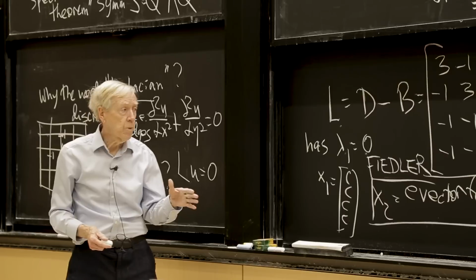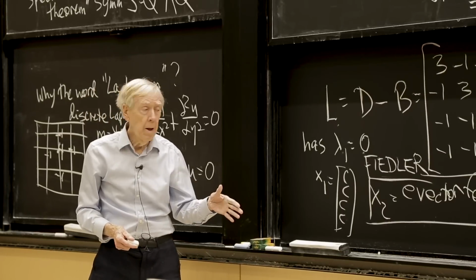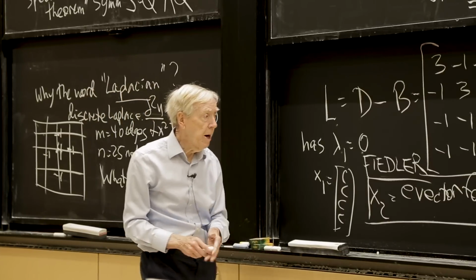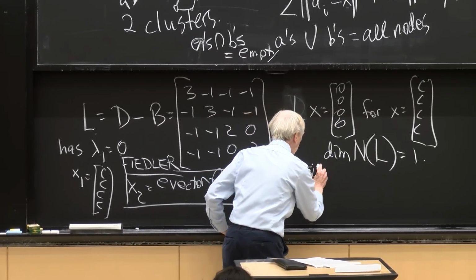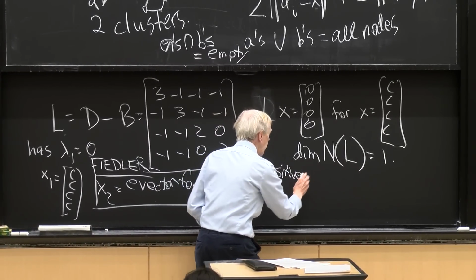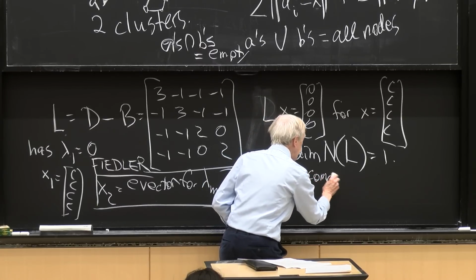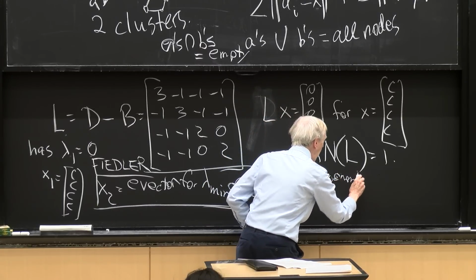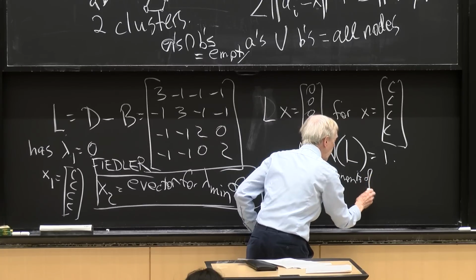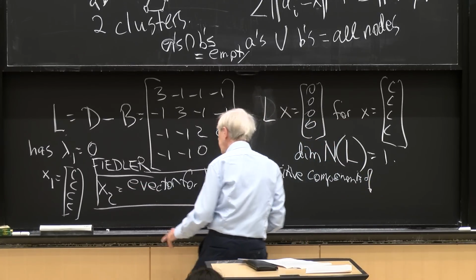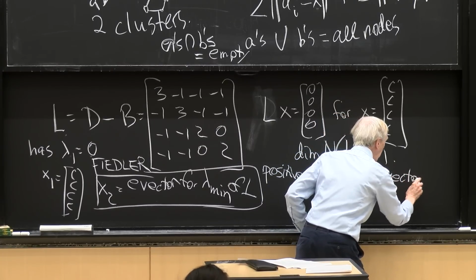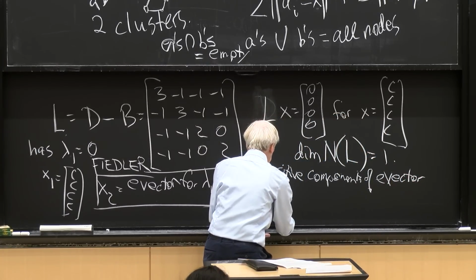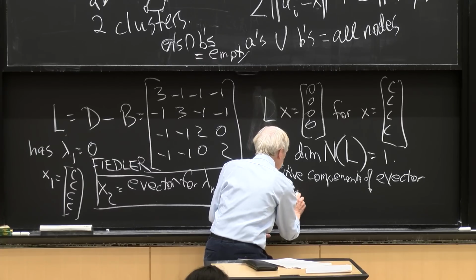The positive components of this eigenvector, and the negative components of this eigenvector, those are the 2 clusters.